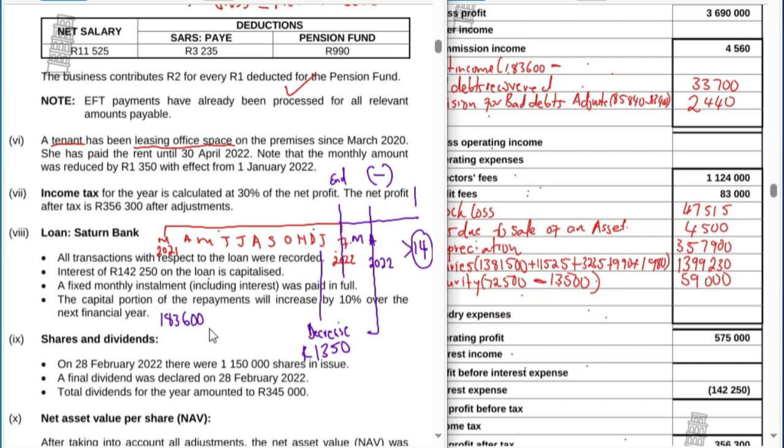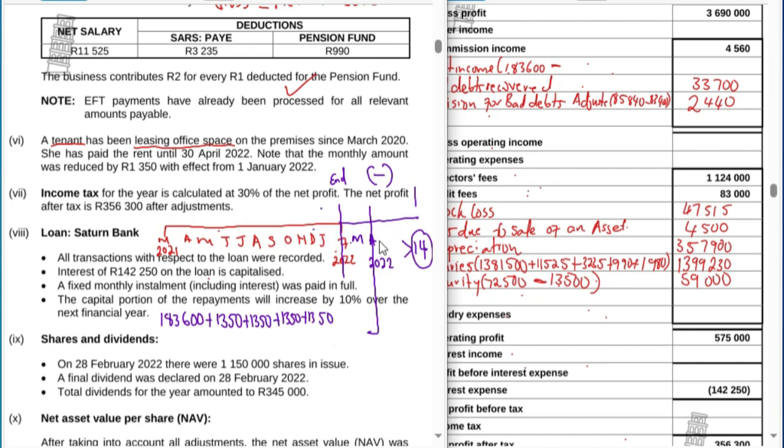Then we are going to add what? 1,350 for the first month, second month, which is February, third month, which is March, and then the last month, which is April. And then it's how many months? 1, 2, 3, 4. Then it's 4 months.